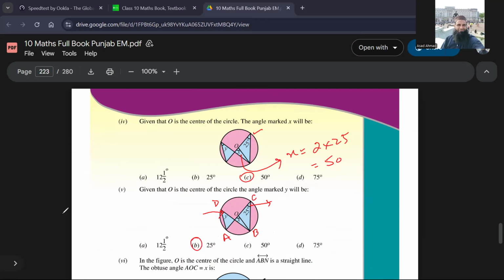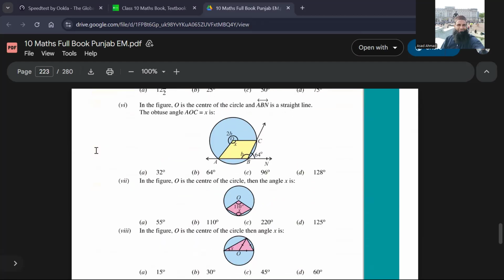Next question, MCQ number 6. In this diagram, you have to take care that first you will find the value of B. So B is 180 minus 64, which is 116.